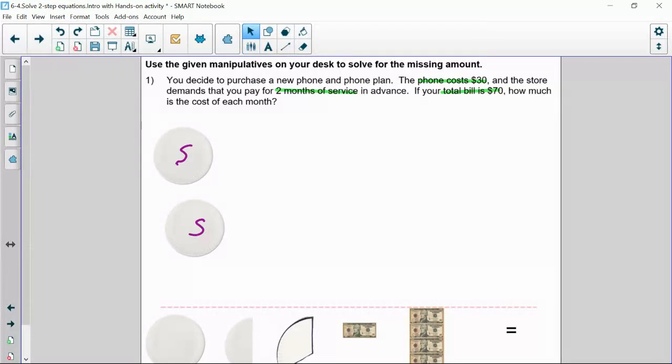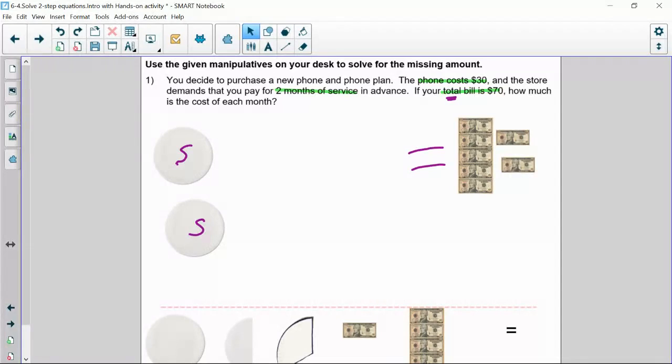Then they tell us what else. How do we know what our total is? Well, we know we have to equal whatever the word total is. And this is where some of the play money comes in handy. So this is 50 right there, 60 and 70.